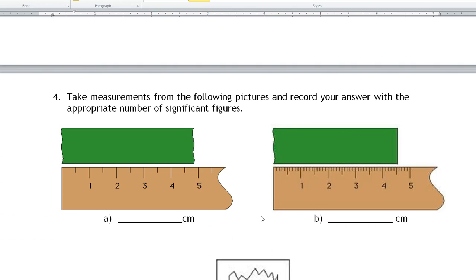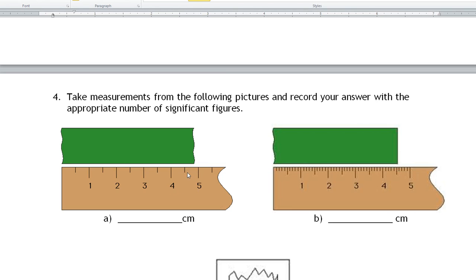All right. So number 4 here, hopefully this will make sense if you were a little bit confused. It says take measurements from the following pictures. Record your answer with the appropriate number of significant figures. Again, our rule states any marked numbers plus 1 extra. In this case, I have a 4 and a 5, right?